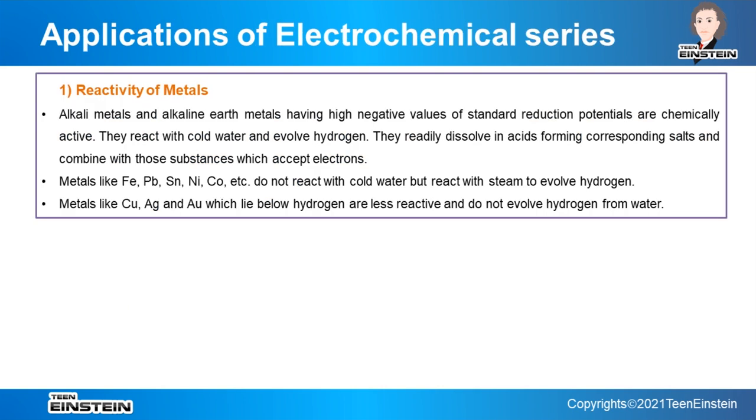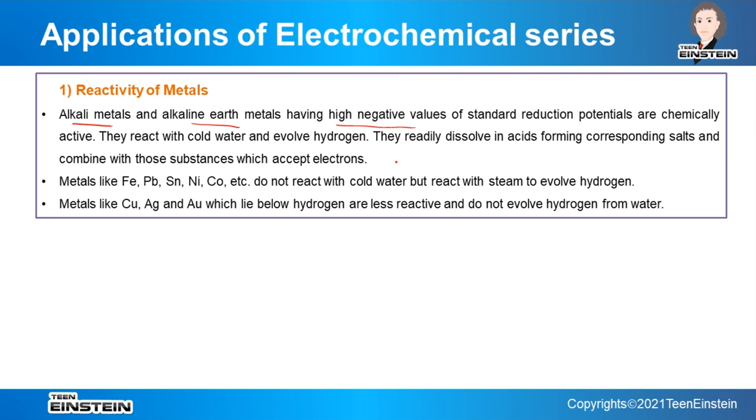The first application is the reactivity of metals, that is, which metal will be more reactive and which less reactive, because in the electrochemical series the reduction potential values of several metal electrodes are given. Alkali metals and alkaline earth metals, from group 1 and group 2, have highly negative reduction potential values.